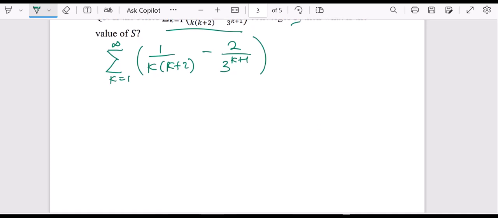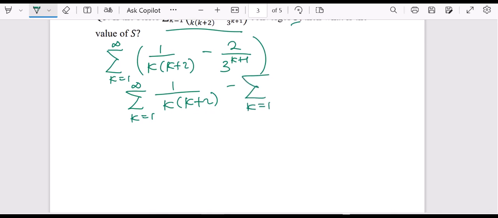We can write it like this: the sum from k equals 1 to infinity of 1 over k plus 2, minus the sum from k equals 1 to infinity of 2 over 3 power k plus 1.